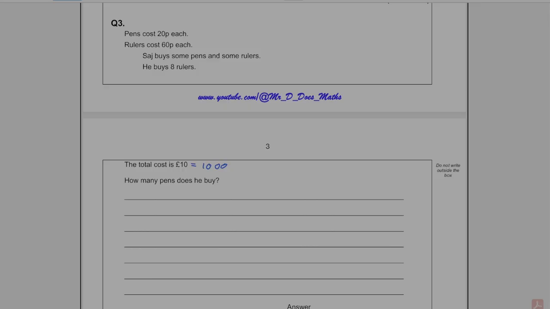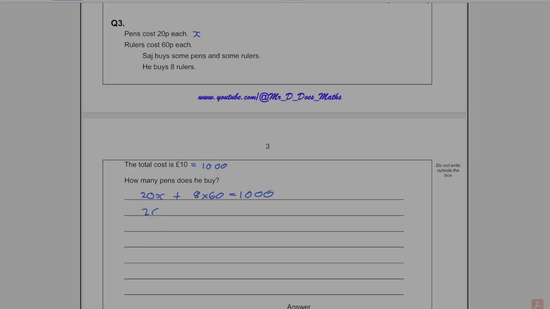Right, so if I call x the number of pens, we've got 20x plus 8 rulers, so that would be 8 times 60, and that's going to be equal to 1,000.